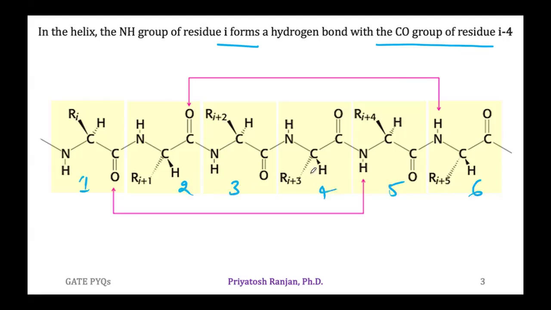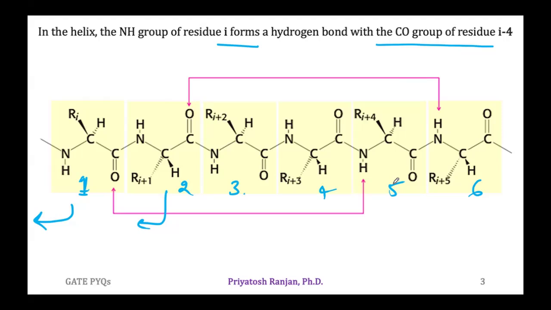It's a hexapeptide. So the NH group of residue I has to form a hydrogen bond with the CO group, which is a hydrogen bond acceptor located upstream. That means I minus 4. However, for the first residue there is no potential hydrogen bonding partner. Similarly for the second residue, third as well as fourth.